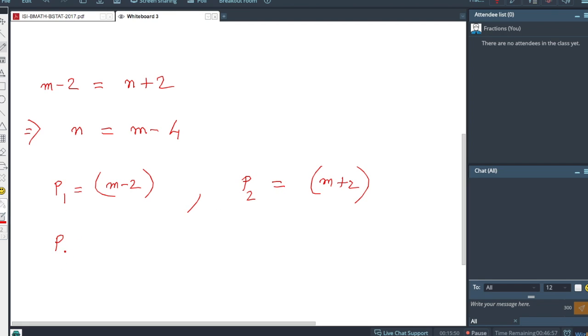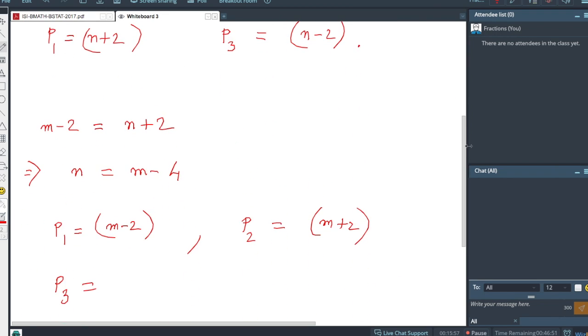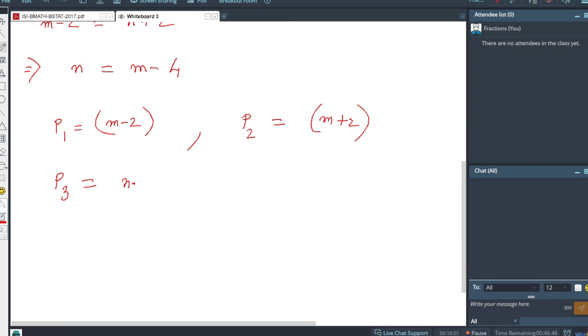P1, P2, and there we have P3 to be n minus 2. So n minus 2, and putting the value of n, m minus 4 minus 2. So this gives us m minus 6.